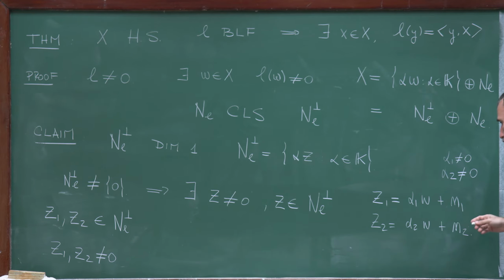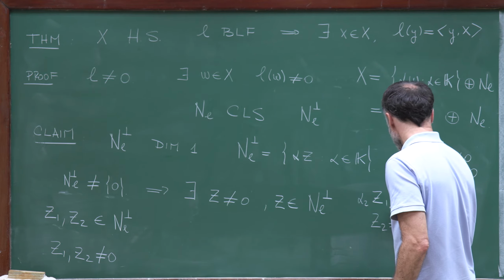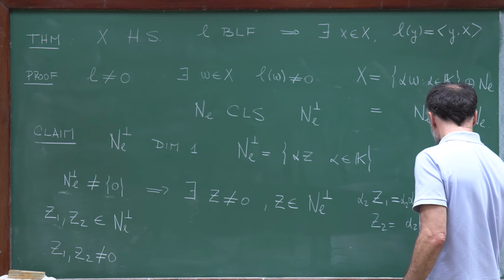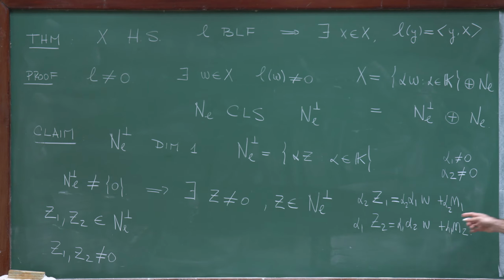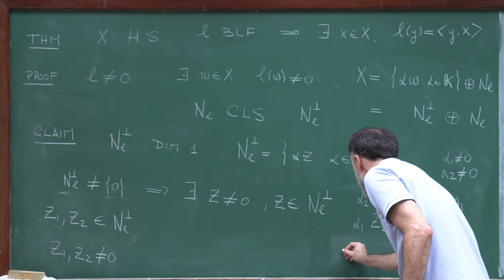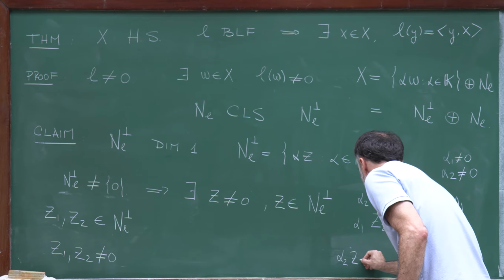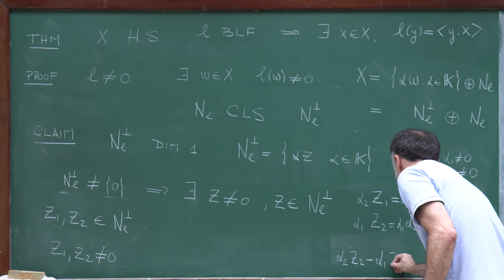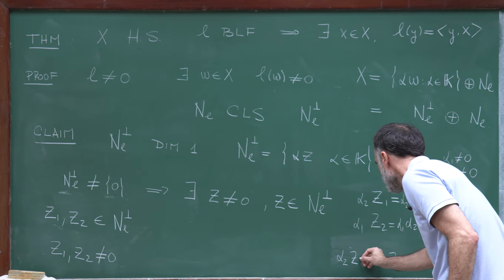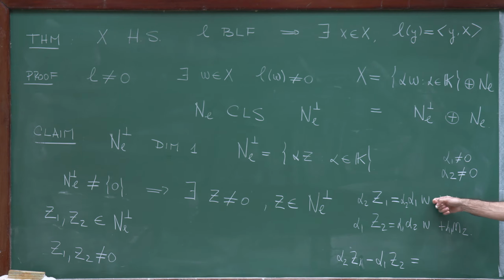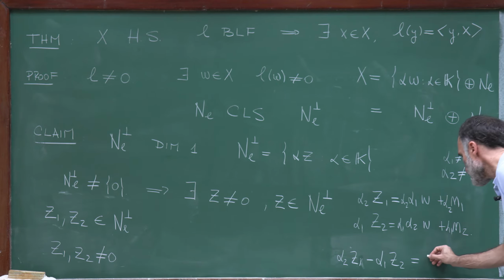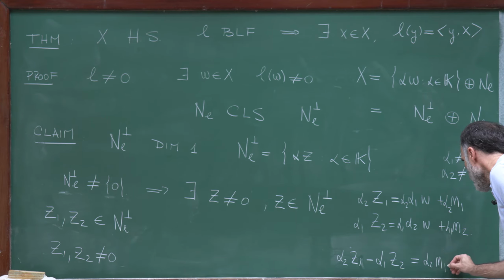Now, if I multiply the first identity by alpha 2, and the second identity by alpha 1, I get these identities. Now, subtracting these identities, I deduce that alpha 2 Z1 minus alpha 1 Z2 is equal to an expression that cancels to alpha 2 N1 minus alpha 1 N2.